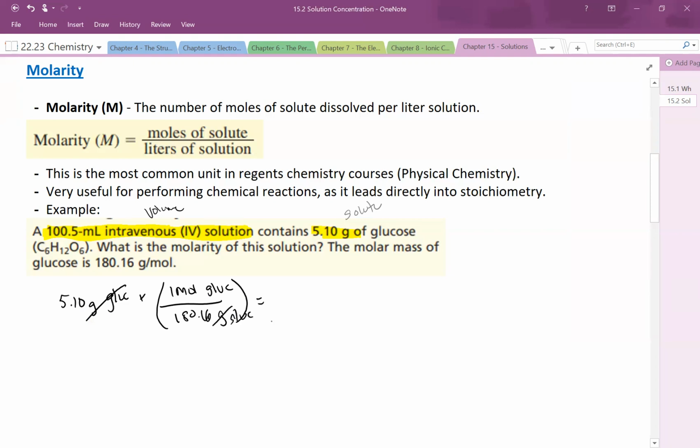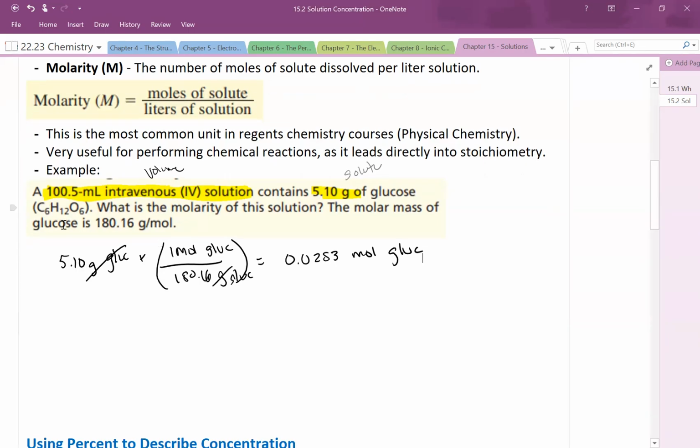If I do this math out, I will find that I get 0.0283 mole of glucose. Well, now I need to divide that by the total number of liters of solution that I have. I'm given milliliters, so I'm going to say 100.5 milliliters times 1 liter over 1,000 milliliters, and I determined that this is 0.1005 liters of solution.